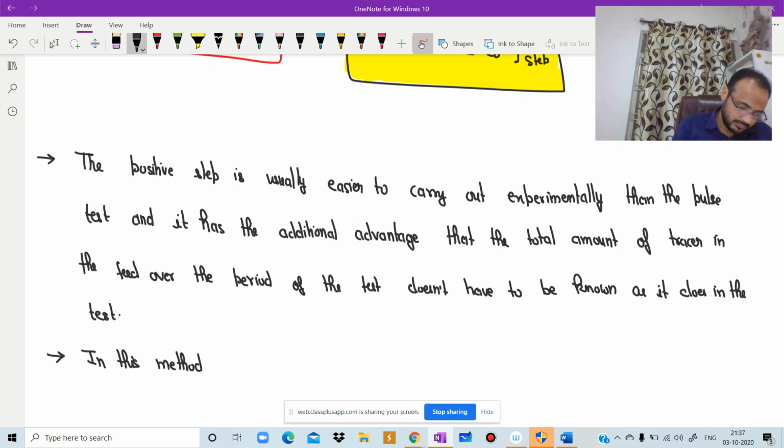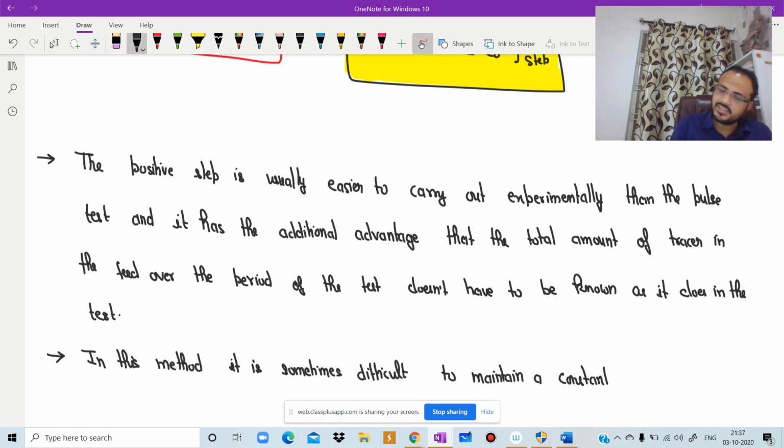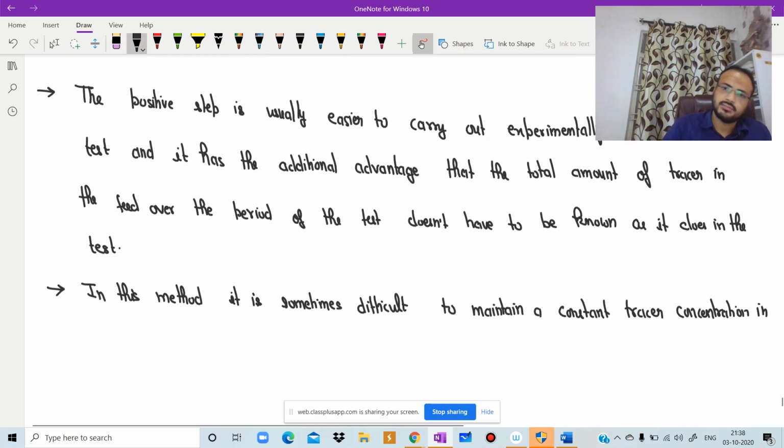In this method, it is sometimes difficult to maintain a constant tracer concentration in the feed.